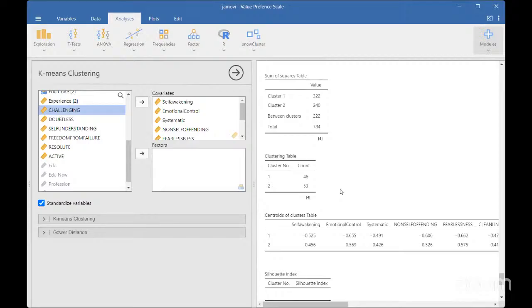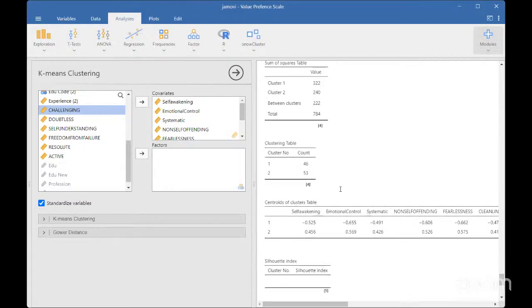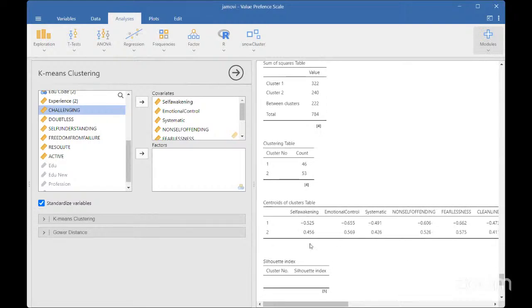And the centroid of clusters table, you have noted that cluster number two, their centroid is positive. But cluster number one, 46 individuals are there. Their centroid is negative. Okay.